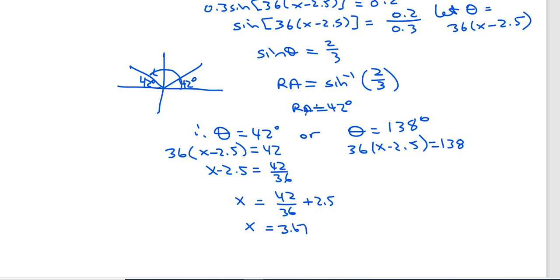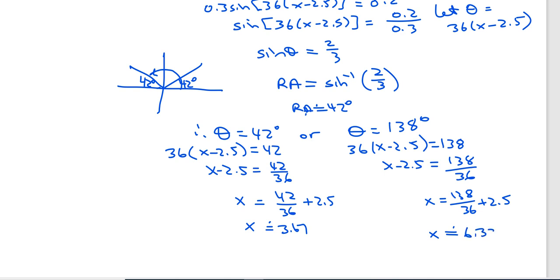And then over here, x minus 2.5 is equal to 138 divided by 36. So x is equal to 138 divided by 36 plus 2.5. I'm just using the calculator at the end again. Let's approximate these. 138 divided by 36 plus 2.5 is 6.33333.